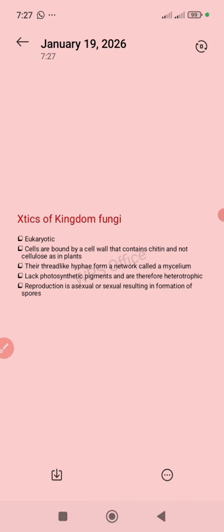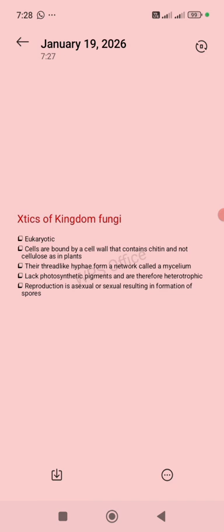That is the meaning of eukaryotic. Another characteristic is that cells are bound by a cell wall that contains chitin and not cellulose as in plants. Another one is that their thread-like hyphae form a network called mycelium.